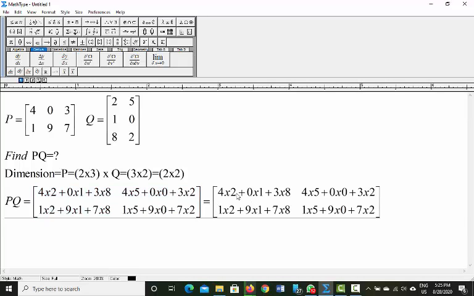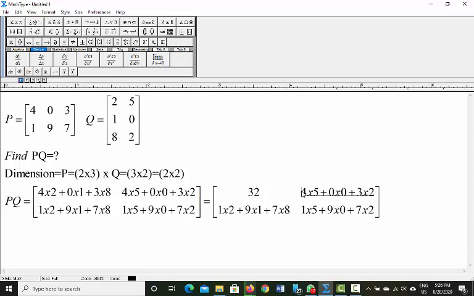So here what we will see, 4 multiplied by 2 is 8. This is 0. 3 multiplied by 8 is 24. So 24 plus 8 we get 30. Sorry, not 30, it is 32. So 3 multiplied by 8 is 24, 4 multiplied by 2 is 8, so 24 plus 8 we got 32.